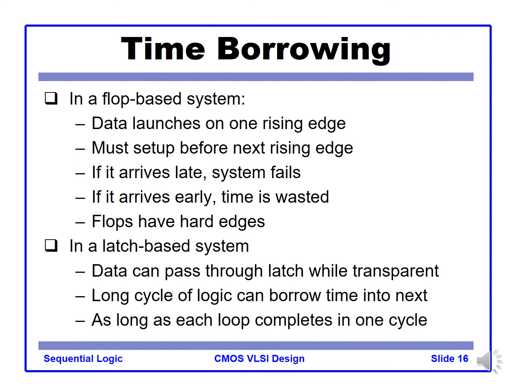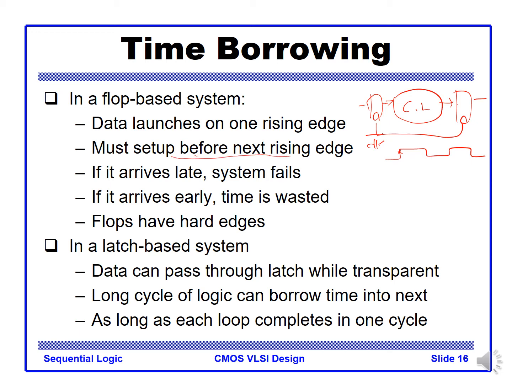In a typical flip-flop system, you have a flip-flop here, the combination logic, and the receiving flip-flop there. So data is launched on the rising edge of the clock here, CLK comes in, and then the input to the flip-flop must settle before some time, right?